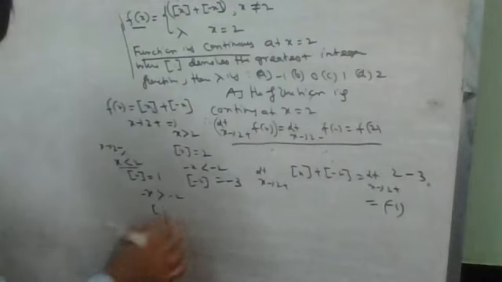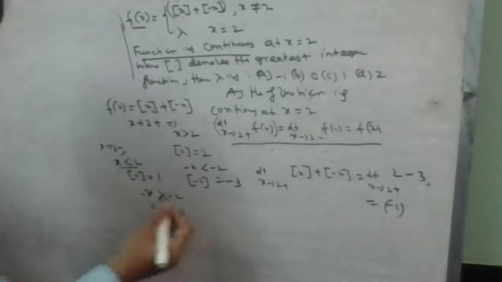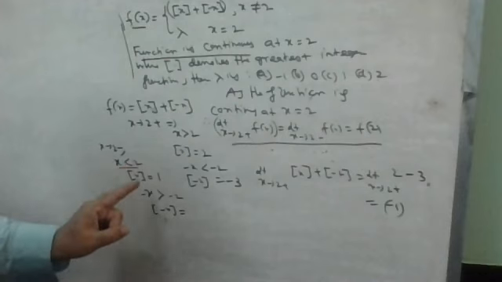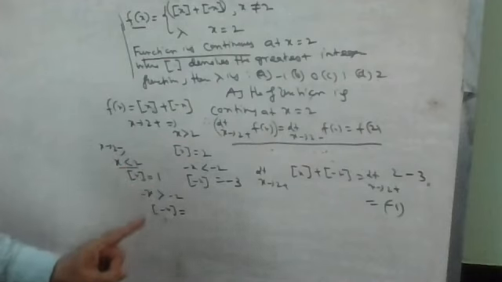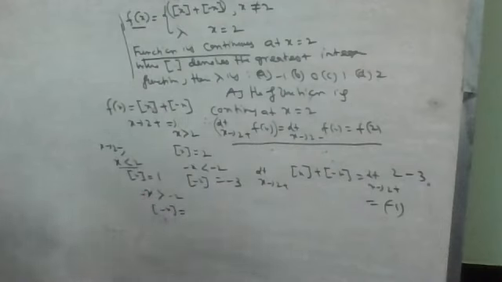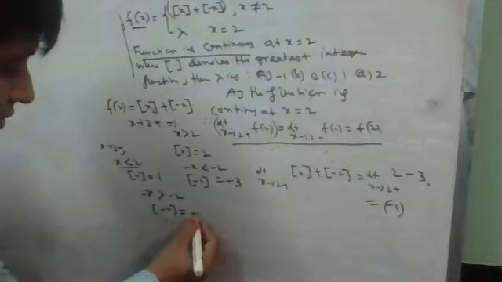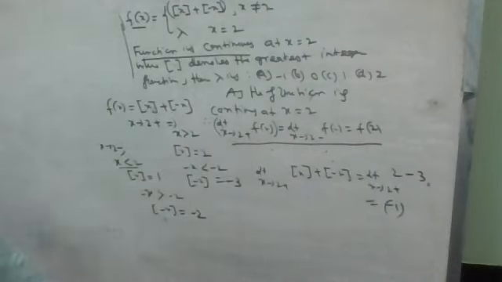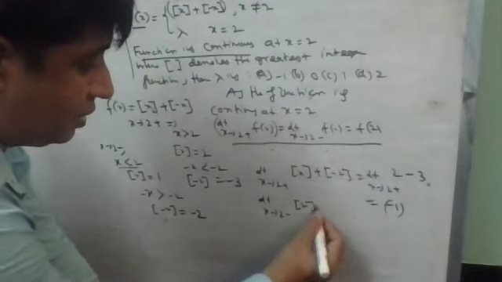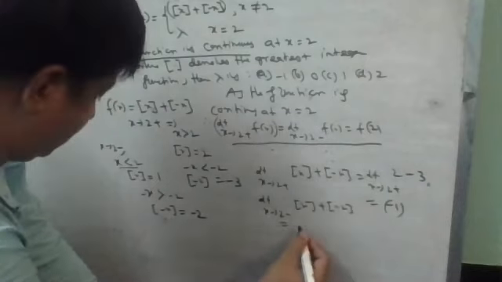So [-x] will be what? Just examine. Here x less than 2 means [x] is 1, but minus x is greater than minus 2, so [-x] is minus 2. So the limit as x tends to 2 minus of [x] plus [-x] is 1 minus 2, that is minus 1.